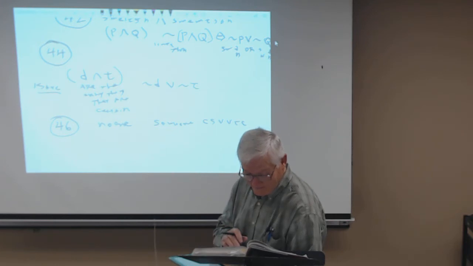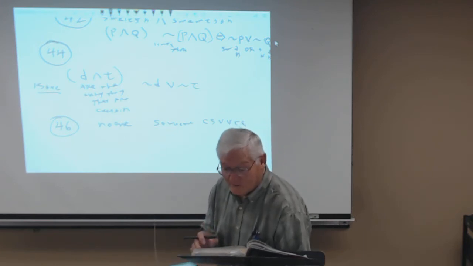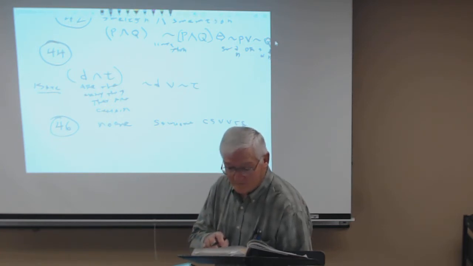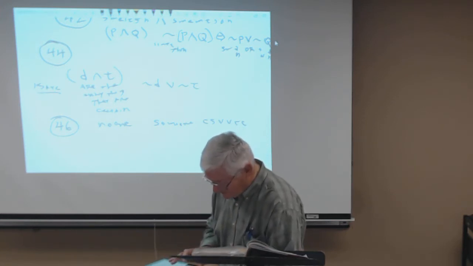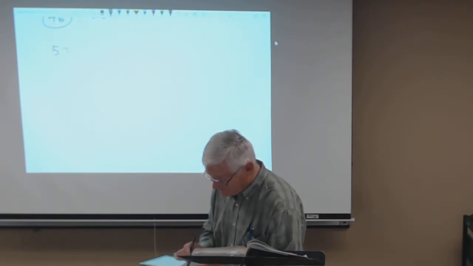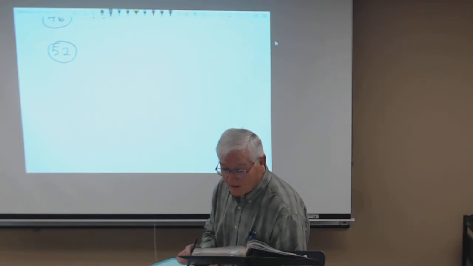TSS. Okay, 52. Write the statements in problems 52 to 55 in symbolic form. You are legally married. That's M. See how they give you the letters for it?